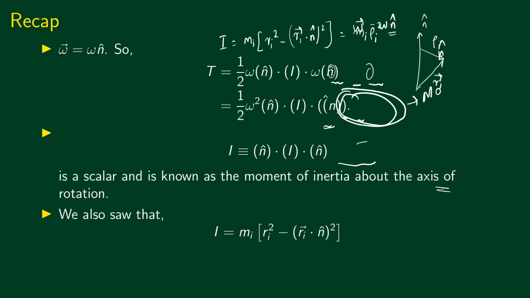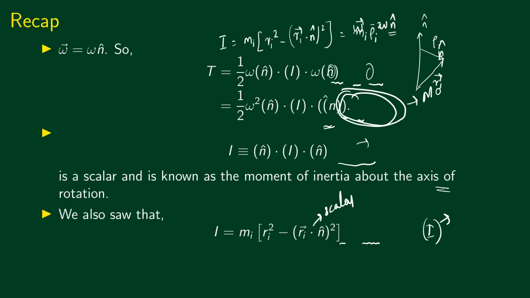Using the definition for I, we finally saw that the moment of inertia here is m_i times r_i square minus r_i dot n hat square. Please note that there is no bracket here. This is a scalar quantity. All right. So if I have I with a bracket, this is a tensor quantity.